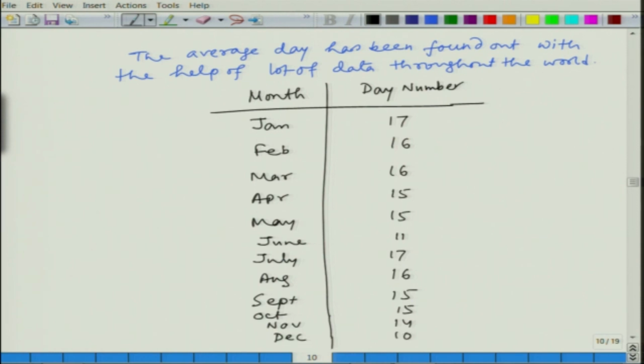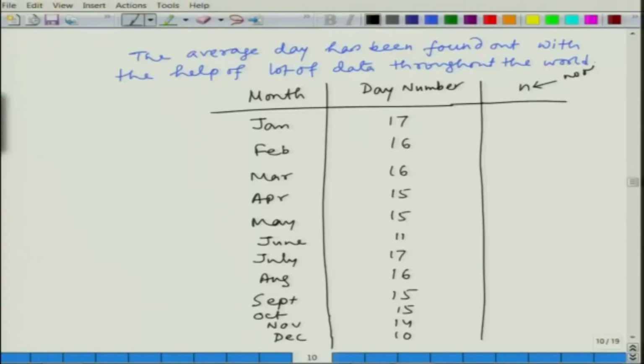These are the globally accepted values for the average day of the month, and correspondingly you can write what would be the value of n for those particular days. This n appears in many of the equations that we are using. This n is the number of the day in a year. January 17 is easy, n will be 17 because the n counting starts from January 1.